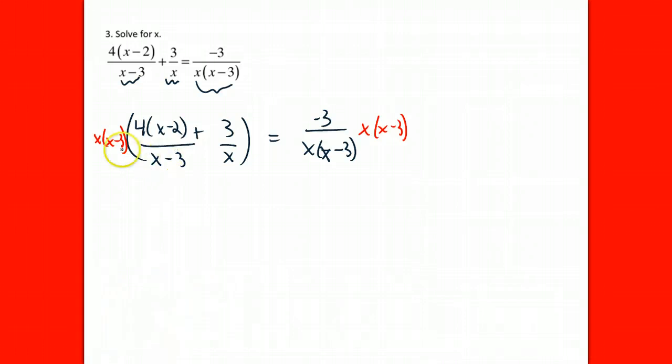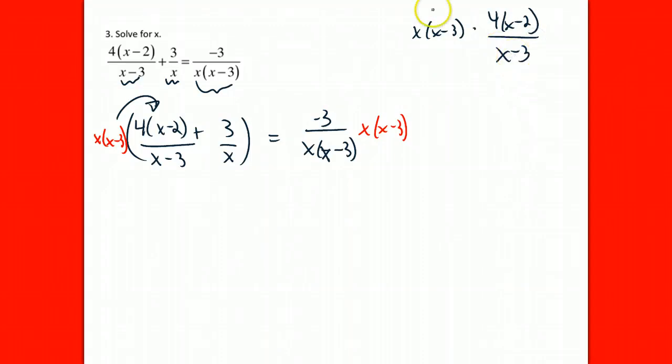Okay. With the first distribution, the x minus 3's cancel. Right? I'm looking at x times x minus 3 times 4 quantity x minus 2 all over x minus 3. These x minus 3's cancel. And I'm left with 4x times x minus 2.